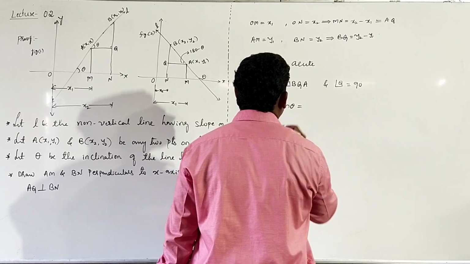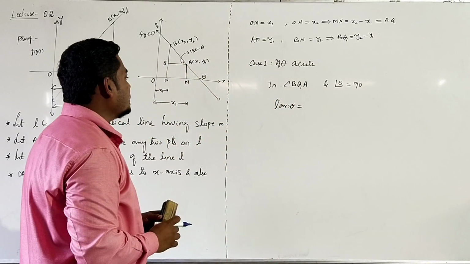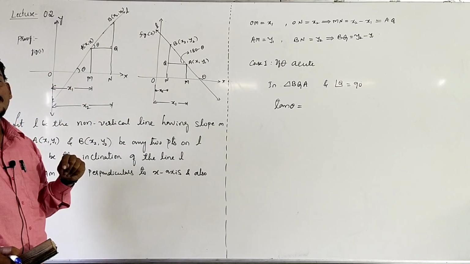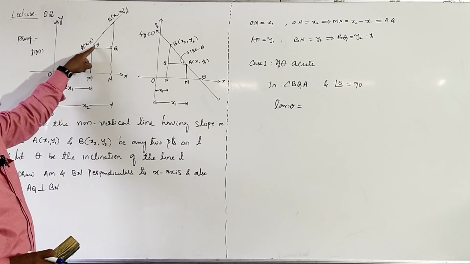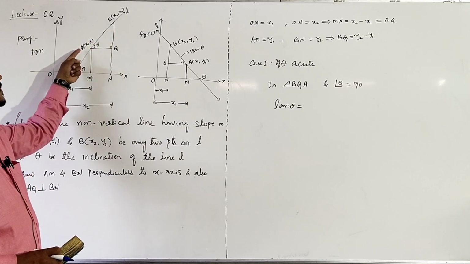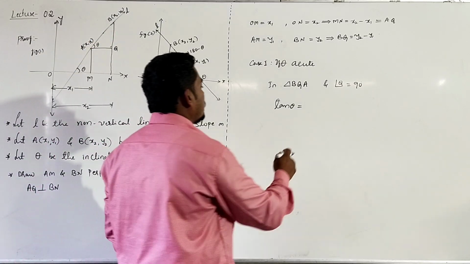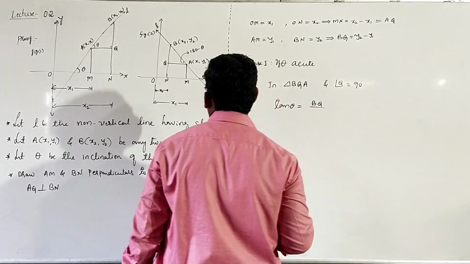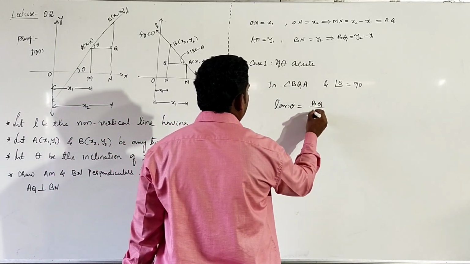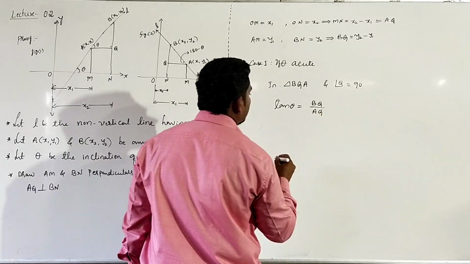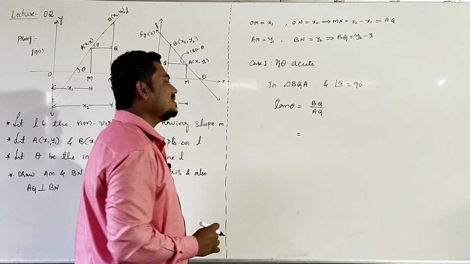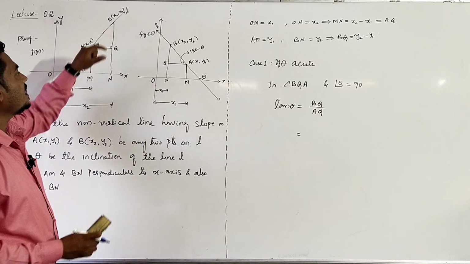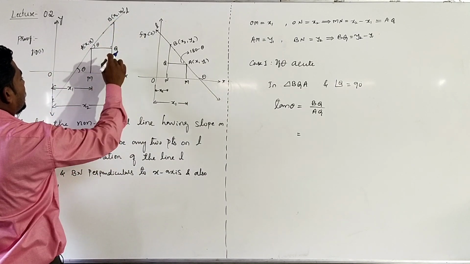Tan theta is equal to, what is the tan theta value? In this right angle triangle, tan theta is equal to opposite divided by adjacent side. What is the opposite side? BQ divided by AQ, right? That's equal to, what is the BQ value? In this right angle triangle, BQ is nothing but y2 minus y1 only.